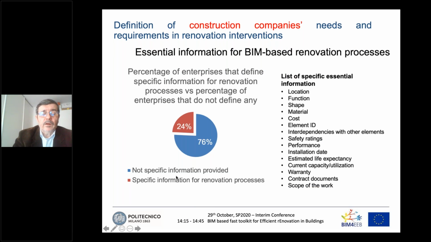So one of the results, this is not all, but just a flash on some results, is about the essential information which has been asked for by the construction companies and used in the organization of the information in the BIM management system.